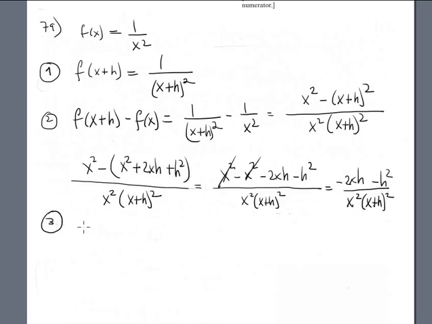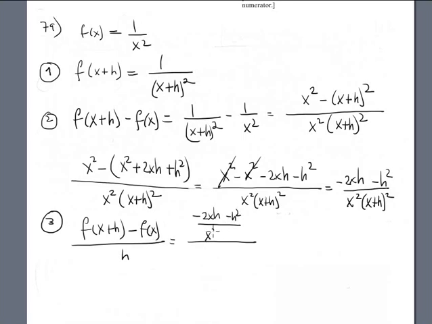Okay, number 3 is division. This result divided by h. Basically you divide the top, minus 2xh minus h squared, over x squared times (x plus h) squared, divided by h.